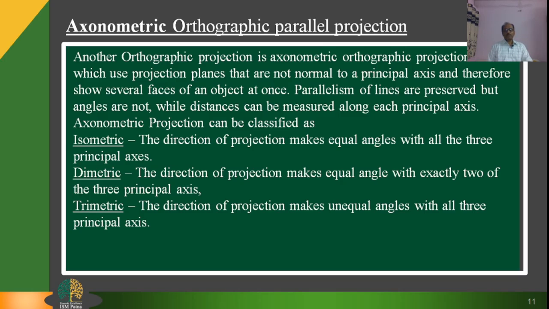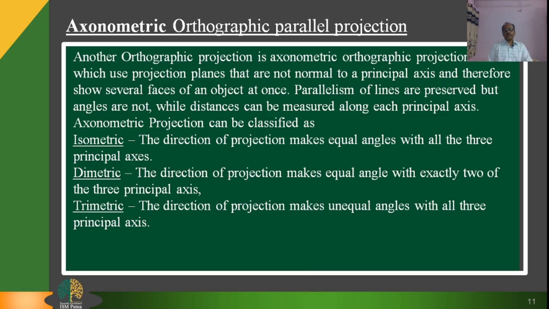These resemble the perspective projection in this way, but differ in that the foreshortening is uniform rather than being related to the distance from the center of projection. Parallelism of lines is preserved, but angles are not, while distances can be measured along each principal axis.